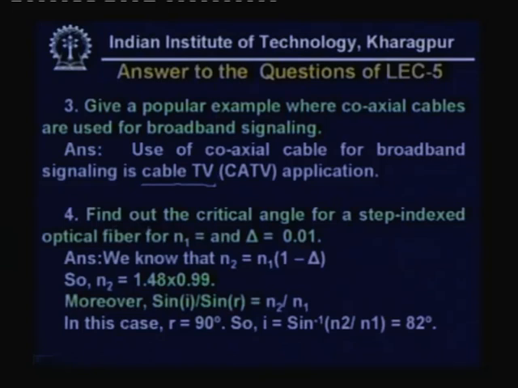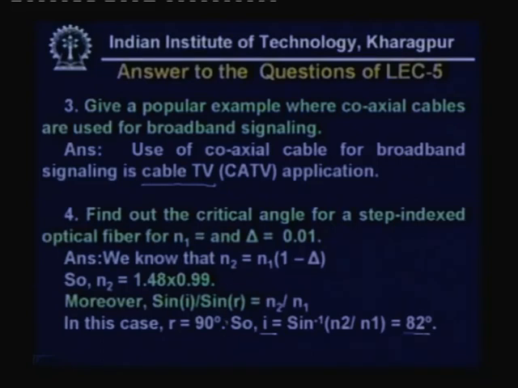Fourth question was, find out the critical angle for a step indexed optical fiber for N1 and delta is equal to 0.04. So N1 was 1.48 given. So here the calculation has been given, and as you can see here, you can find out the angle which is roughly equal to 82 degrees for these parameters.